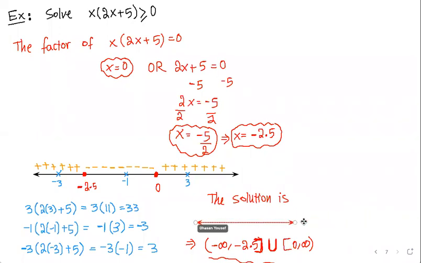How about here in the middle? So from minus infinity to minus 2.5, this is minus 2.5. And here from 0 to infinity, this is 0 to infinity.